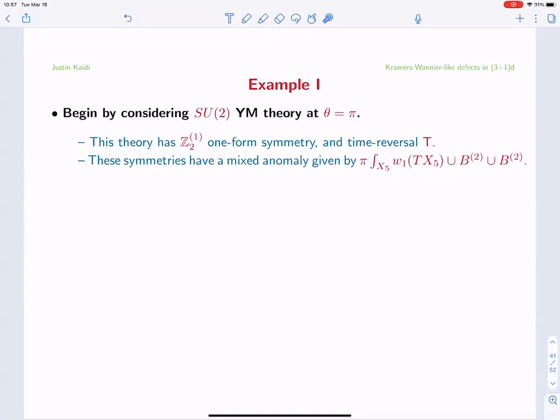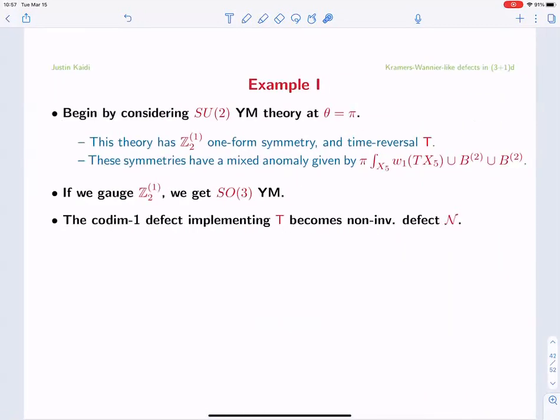Okay, and so now by the general construction which I just explained, if I gauge the one-form symmetry, the codimension 1 defect which implemented time reversal should become non-invertible. So in particular, if I gauge the Z2 one-form symmetry, I'll get SO(3) Yang-Mills at theta equal to pi, or really plus or minus pi, because in SO(3) theta is 4 pi periodic on spin manifolds.